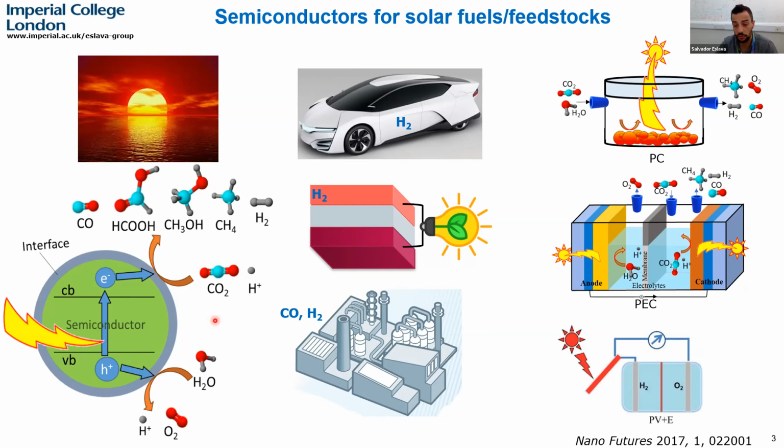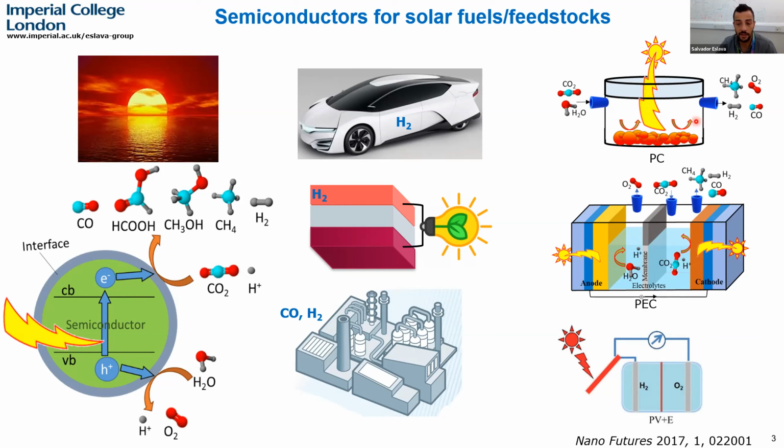There are different ways to use these semiconductors in devices to harvest the solar energy. We could have the semiconductors in photovoltaics and then connect the photovoltaics to electrolyzers, so this way we can, for example, form hydrogen and oxygen. This is the photovoltaic plus electrolysis configuration. We can also have the semiconductors in photoelectrodes as part of an electrochemical cell where we separate the oxidation and the reduction, and we have the electrolyte touching the semiconductor.